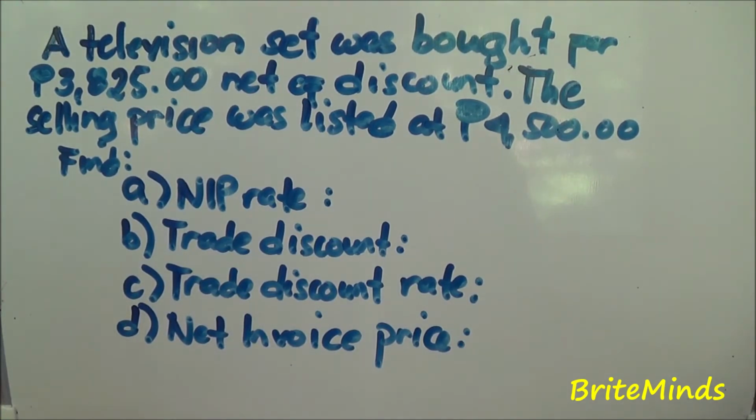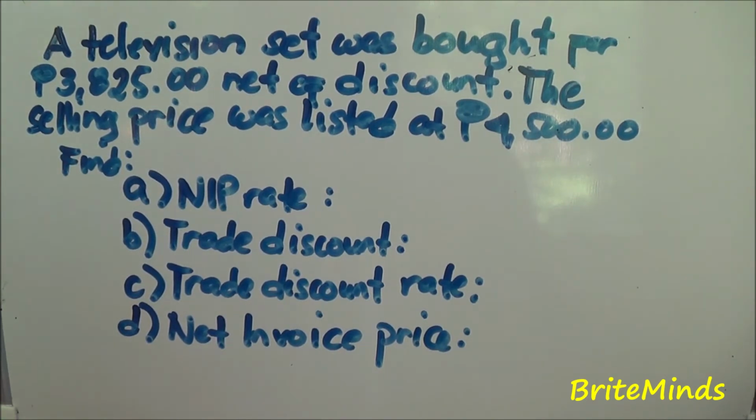Now we are going to answer the problem that I posed in the first part of the video. A television set was bought for 3,825 pesos net of discount.